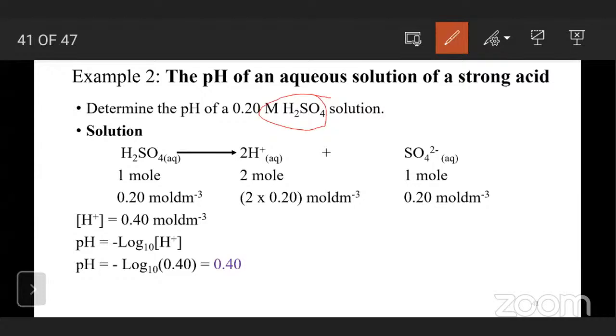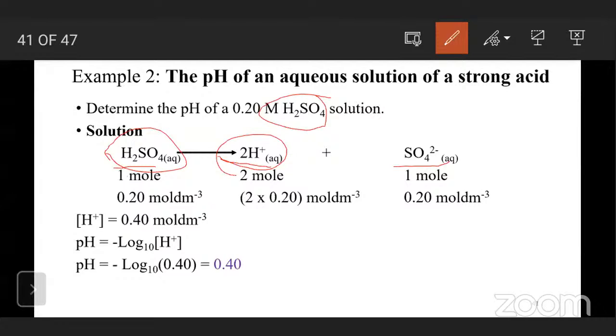And what does this mean? It means that H2SO4 in solution will give us 2 moles of hydrogen ions and 1 mole of SO4 2 minus. It means to every 1 mole of H2SO4, there will be 2 moles of hydrogen ions released in the solution.